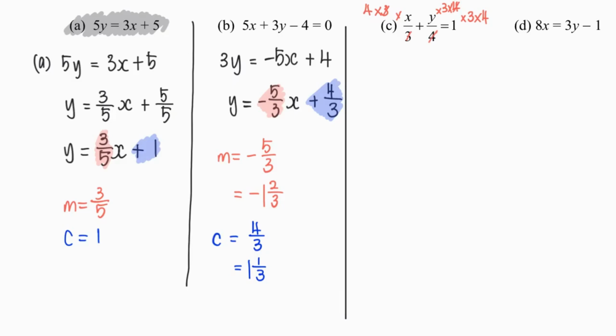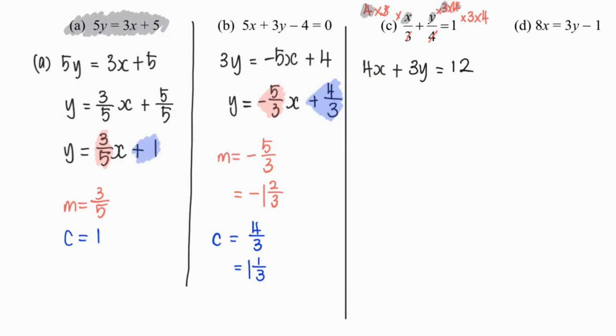So eventually you will see the next line, I would have 4x plus 3y equals 3 times 4 plus 1, 12.